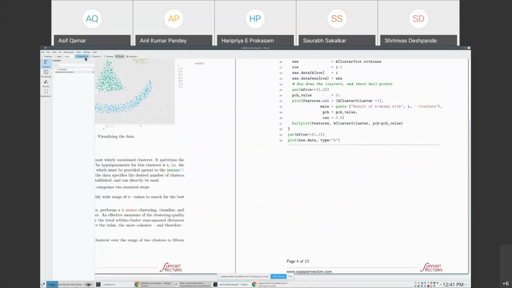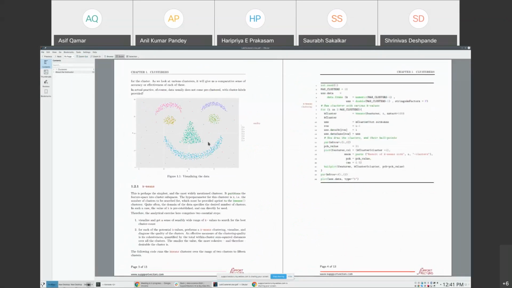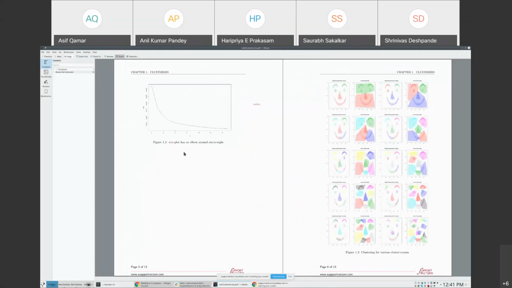So once you do that, let us see what comes out. Zoom out. There we go. So we get this curve, WSS versus k. When you look at this, guys, do you see any elbow here? Where do you see the elbow? One between 2 and 4, or the one between 4 and 6?